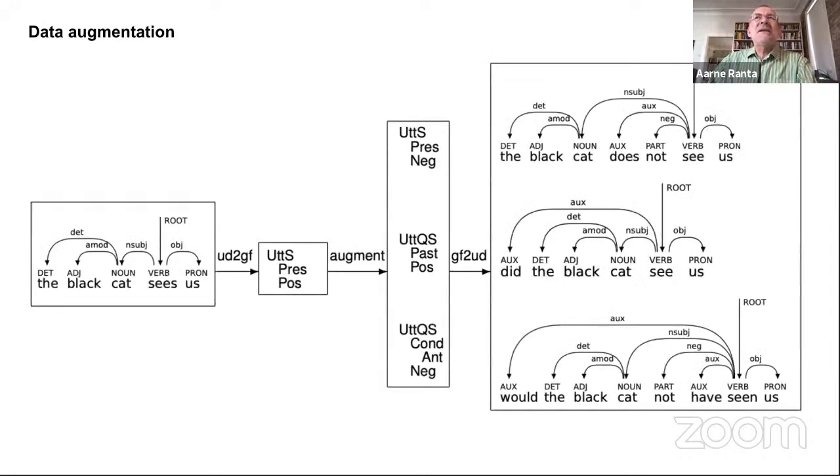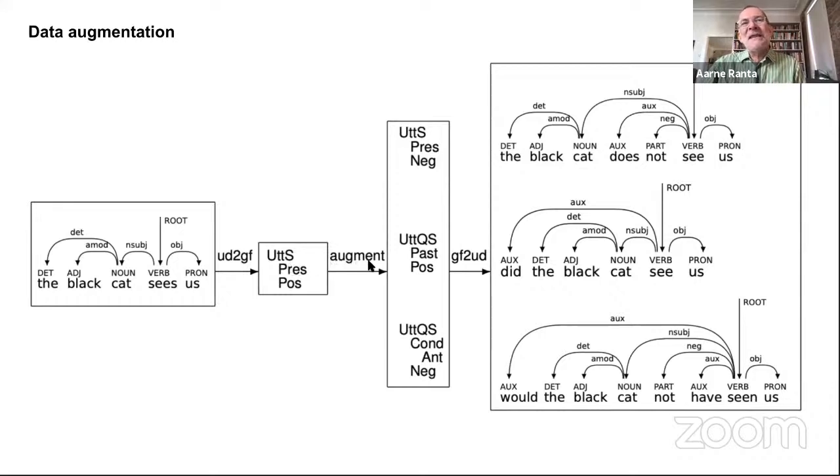So one way you can then use this generation is that you have a tree bank, and you can have a simple program for adding trees to it. Let's say you have a tree for a present tense sentence: the black cat sees us. Then you run UD to GF, and I will come back to what that is.